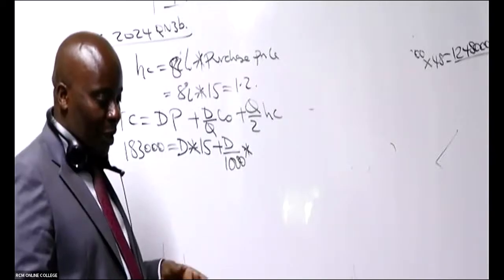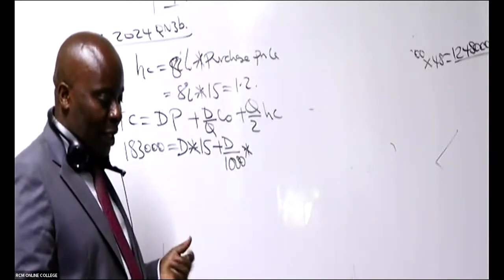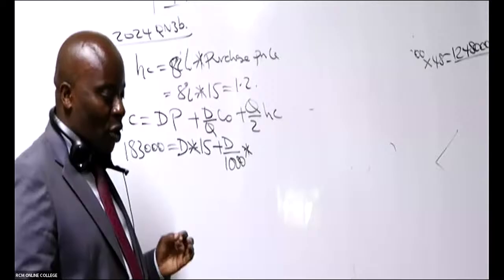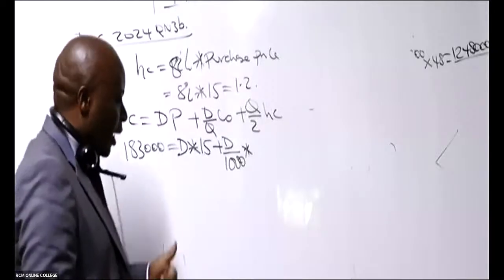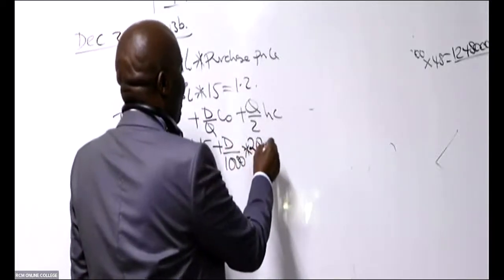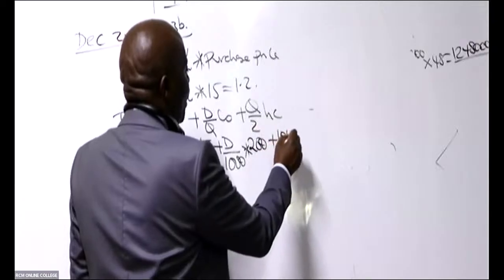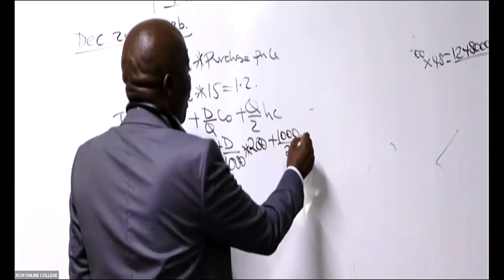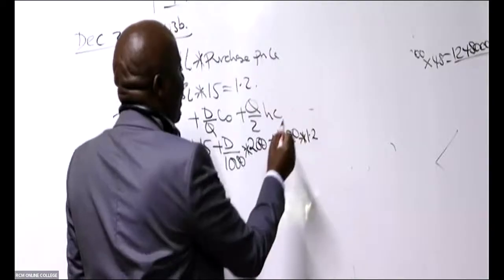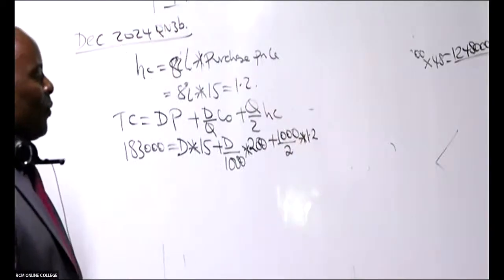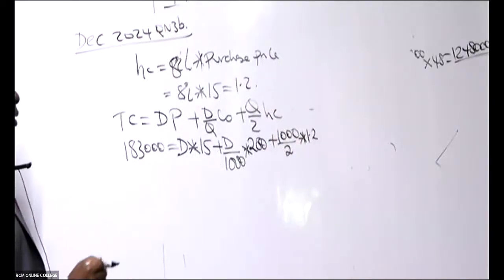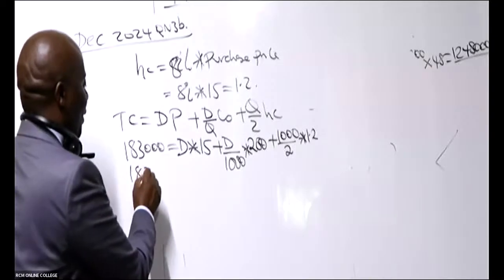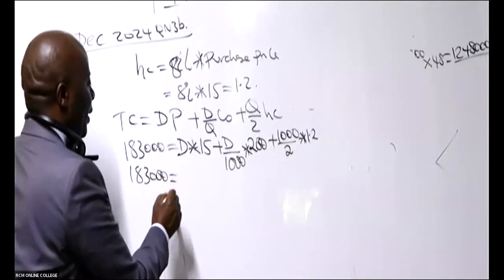Every time we are ordering, how much do we incur? It's given there. It's called the fixed cost per order, which is 200. Plus the Q, which is 1,000 over 2 times the holding cost of what here? 1.2.